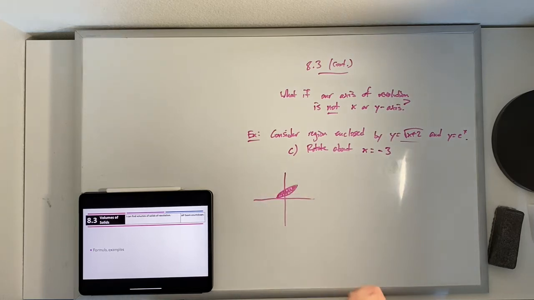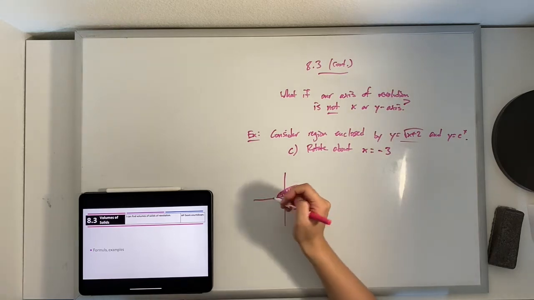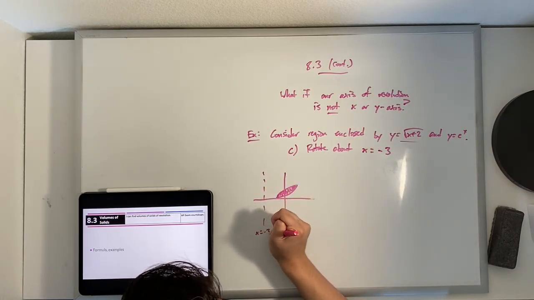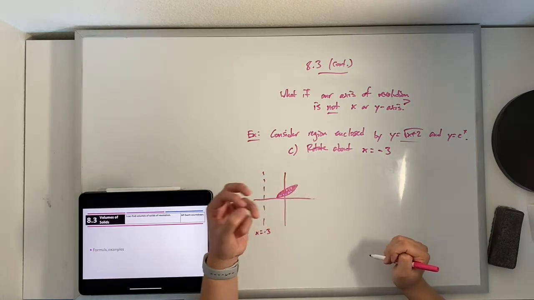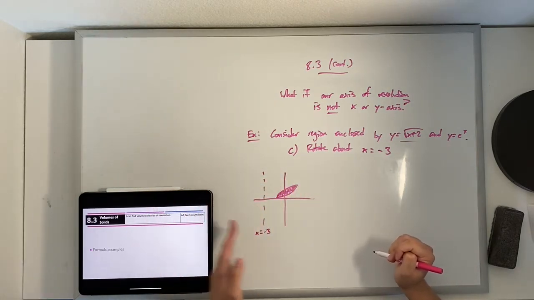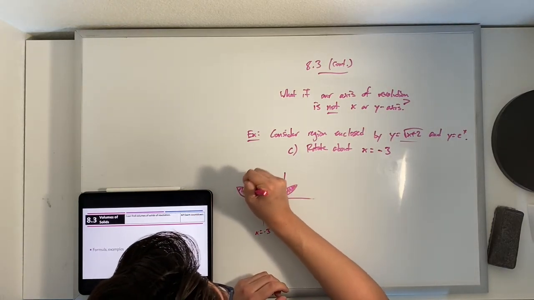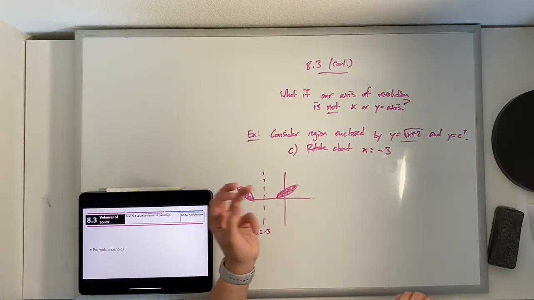Here's our shape. We're rotating about the line x equals -3. So we are taking this shape and it is rotating around this line. That's where it goes back into the board.